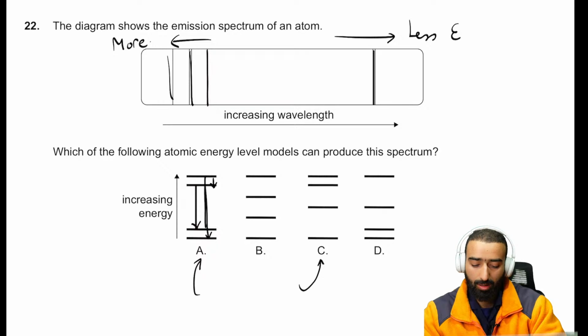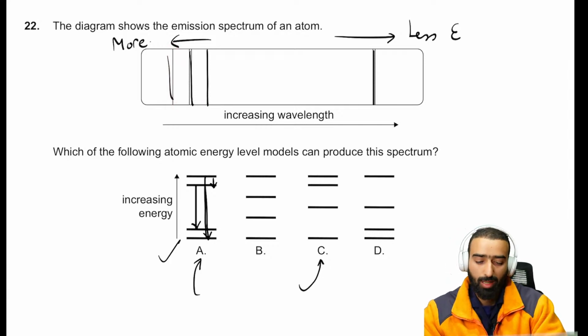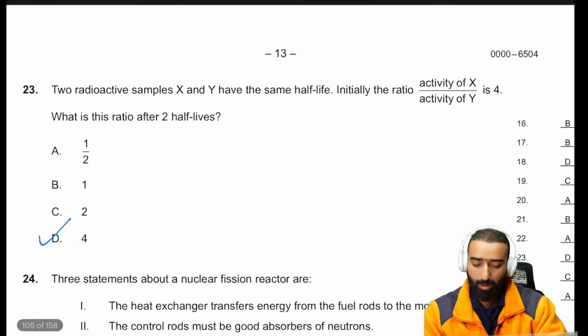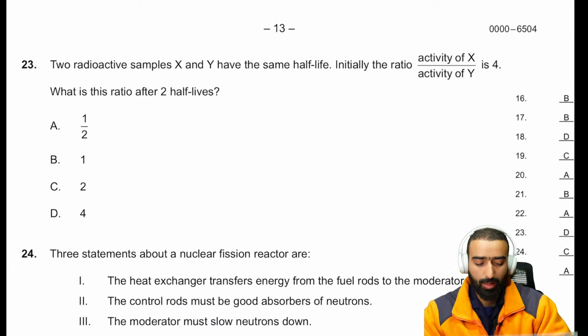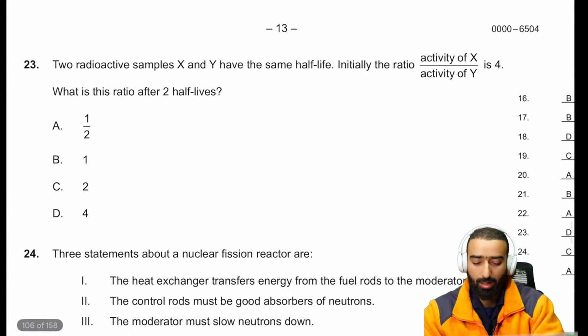That's an even larger jump, meaning an even larger energy, hence a smaller wavelength. That is shown here. So we see that option A matches the most with this spectra, so we'll go with A. Okay, on to question 23. We have two radioactive samples and they have the same half-life.